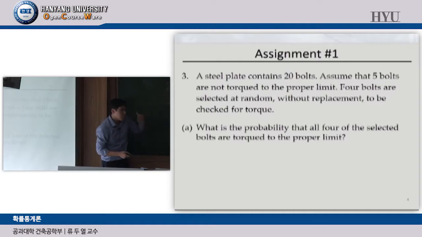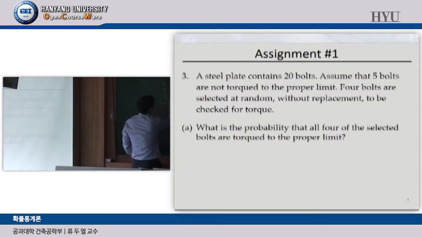So by dividing these two, we can obtain the probability. So this will be 15 factorial over 4 factorial times 11 factorial, over 20 factorial over 4 factorial times 16 factorial.